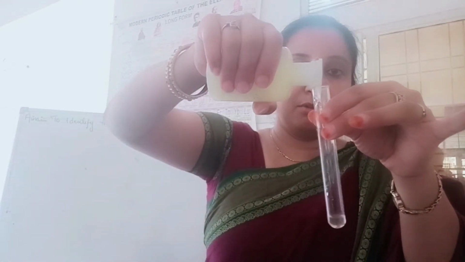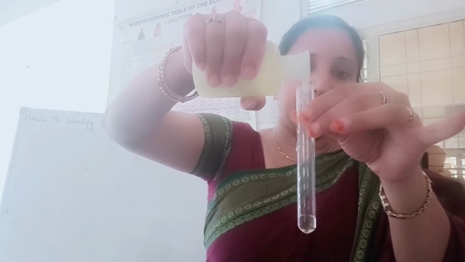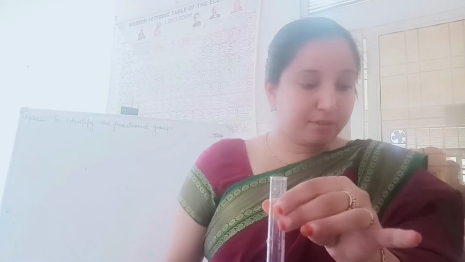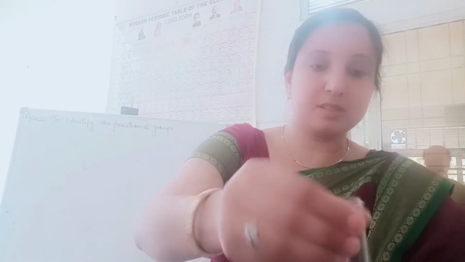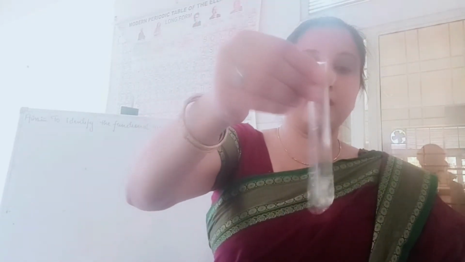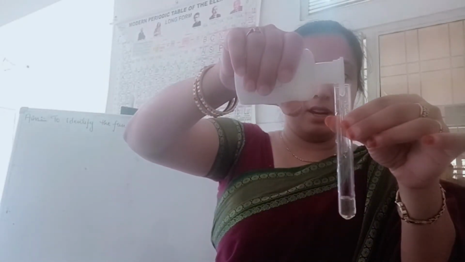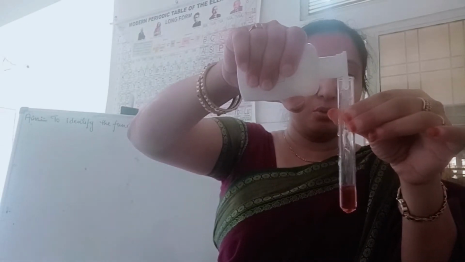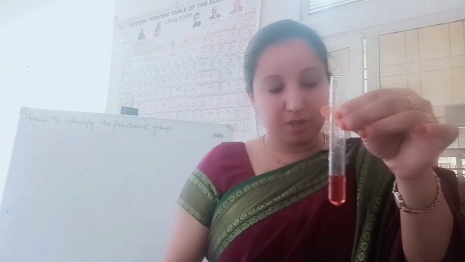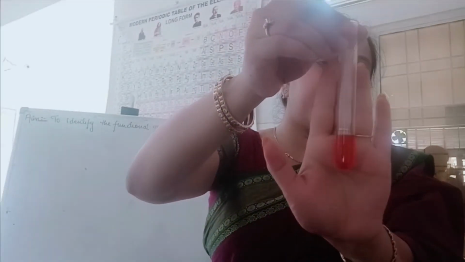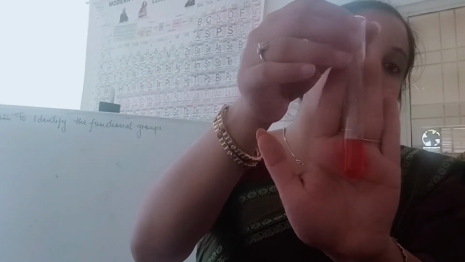After adding the sodium nitroprusside, we just shake it, and then we add NaOH. Soon its color changes to a red color. This appearance of the red color shows that in the given sample there was the presence of the ketonic functional group.